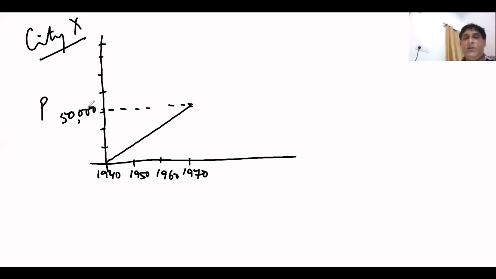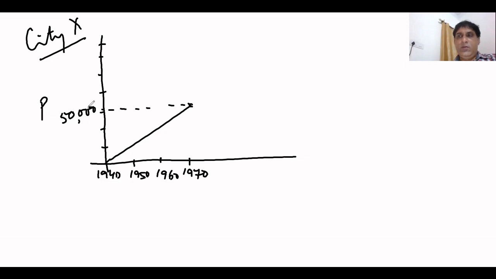We will find out the city is 3-4 cities whose growth was just like city X, say 50-60 years back, and city X growth is anticipated to be same as that of the other cities.